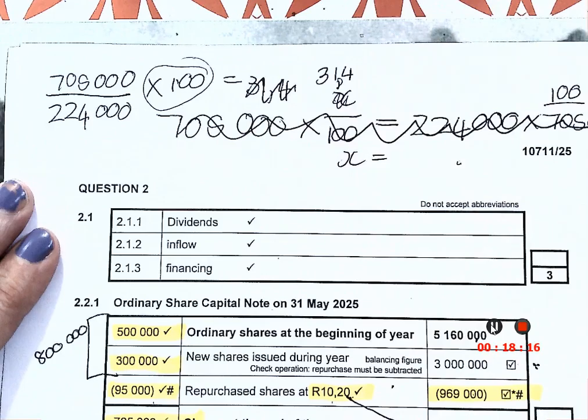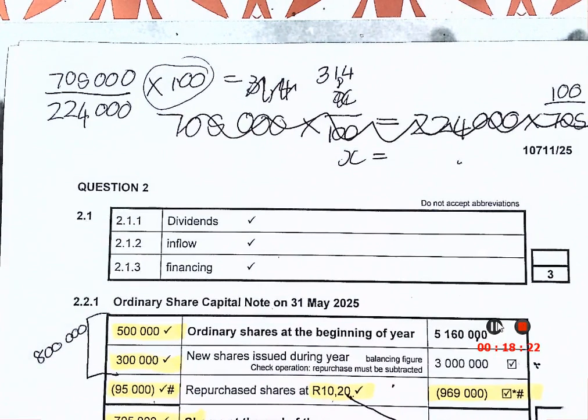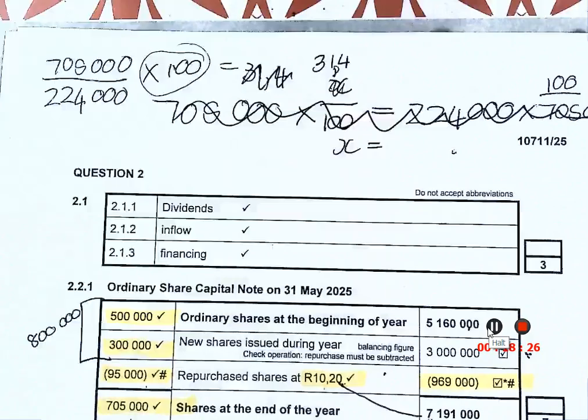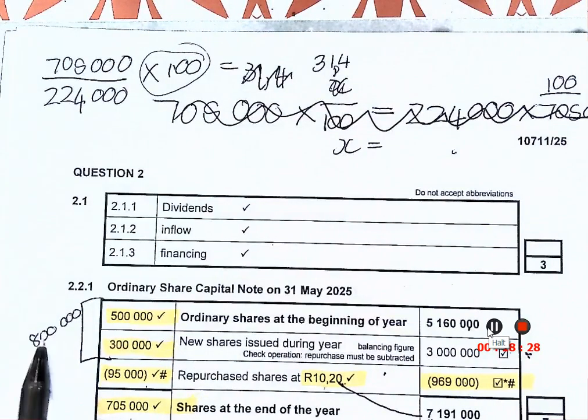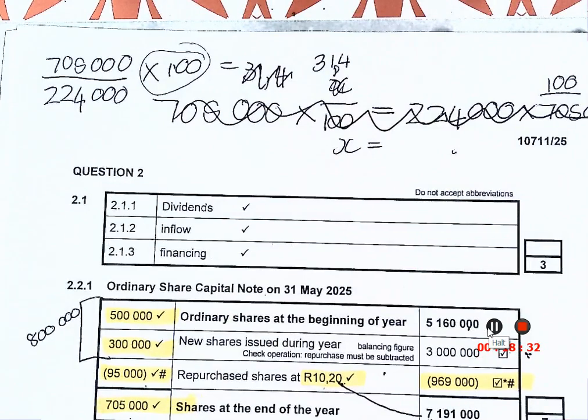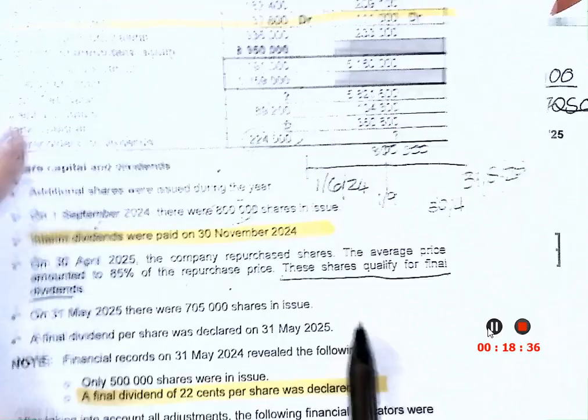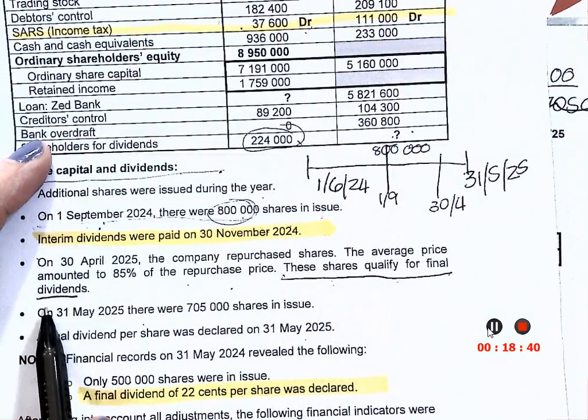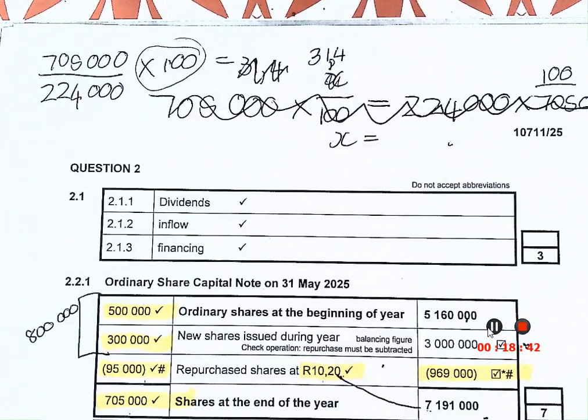Okay, let's see. I used the final instead of the 800. Why must I rather use the 800 in this case? Because of that sentence: these shares qualify for final dividends. Meaning, I worked it out as if they don't qualify. Can you see my mistake?